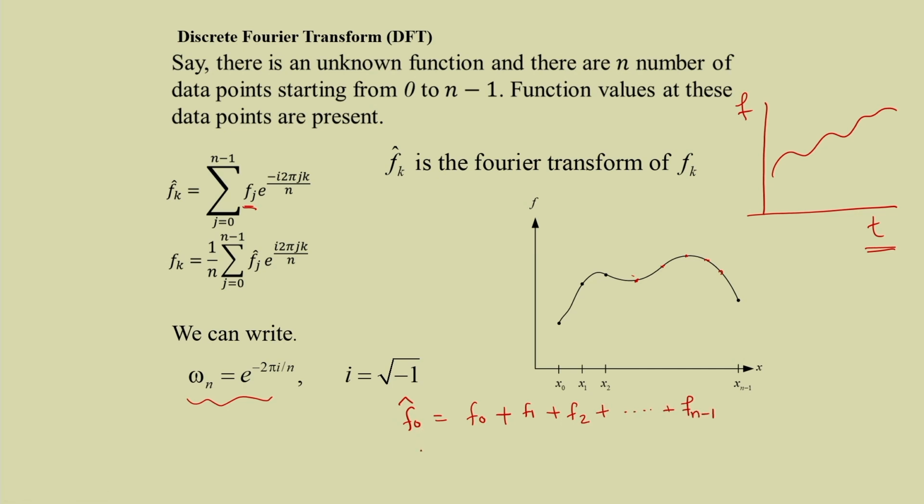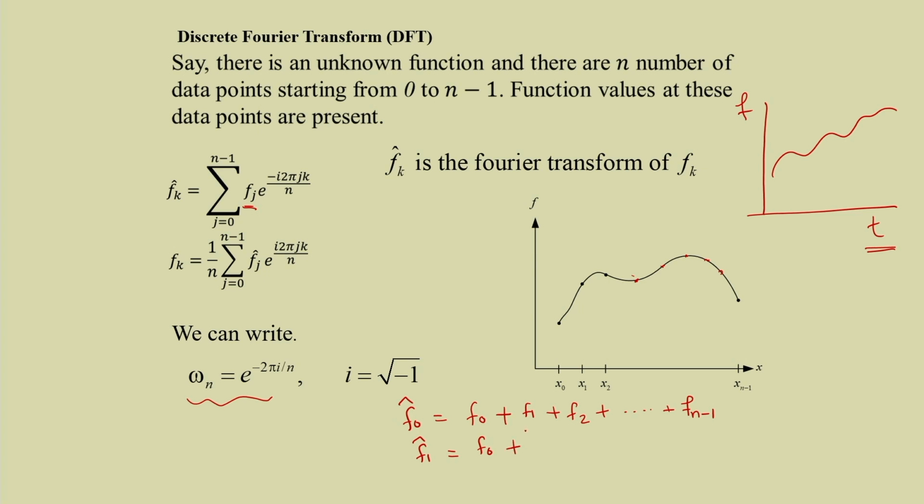Now let us find f_1 cap. So, f_1 cap will be equal to, starting with j equal to 0, this is f_0. With k equal to 1 but j equal to 0, still e to the power 0, so this becomes 1, so this becomes f_0.